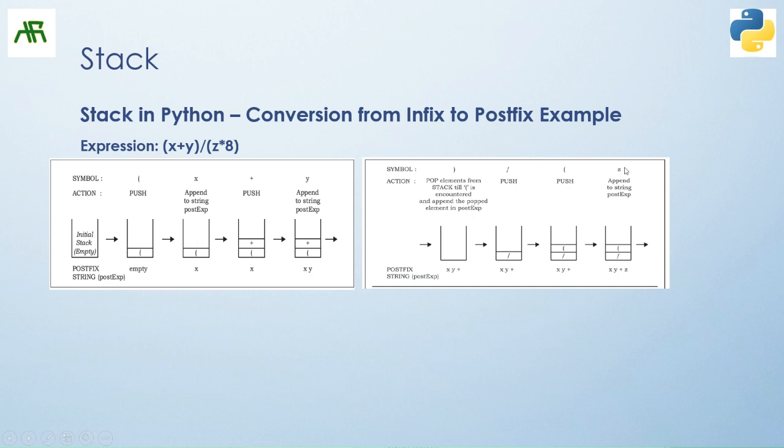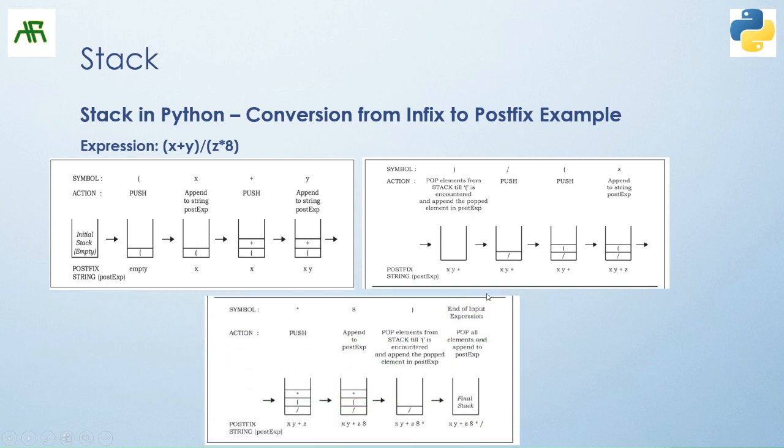Now you come across another operand, z, so you add that to the post exp string. So now we have xy plus as the first part of the expression, and z that we came across now. We come across star as an operator that is pushed into your stack, not to the output variable yet.